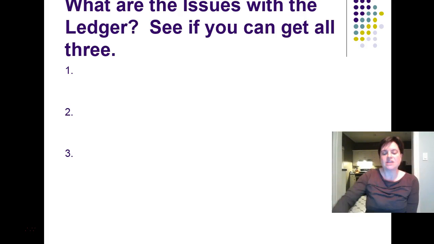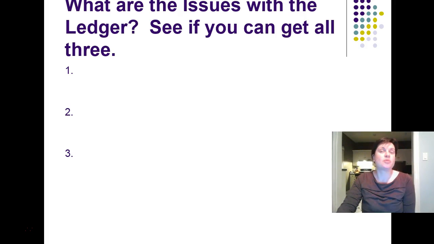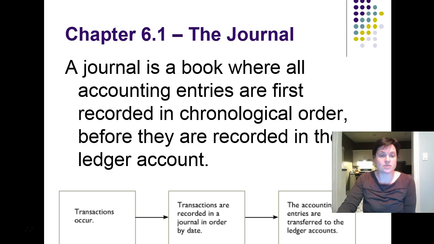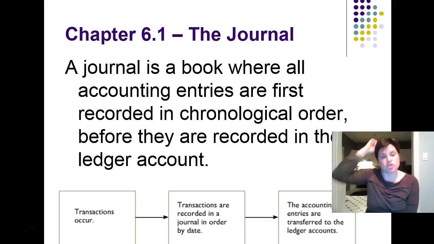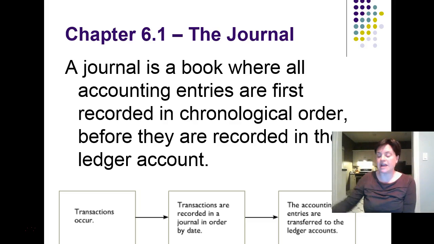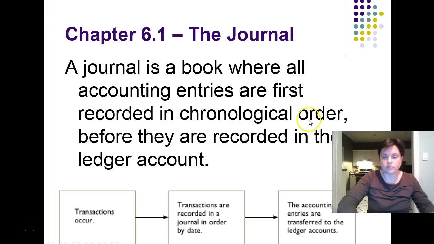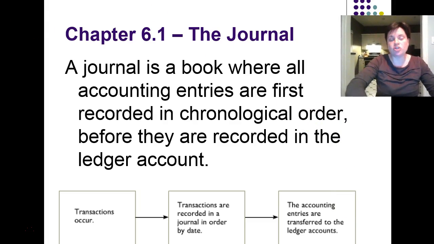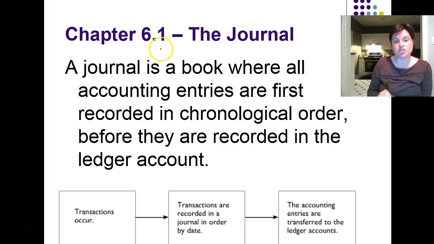Okay. So we're going to introduce you to a step that comes before the ledger. And that step is called journalizing, or recording items in the journal. So the journal is a book, just like the ledger is a book. The journal is a book where all the accounting transactions are first recorded.